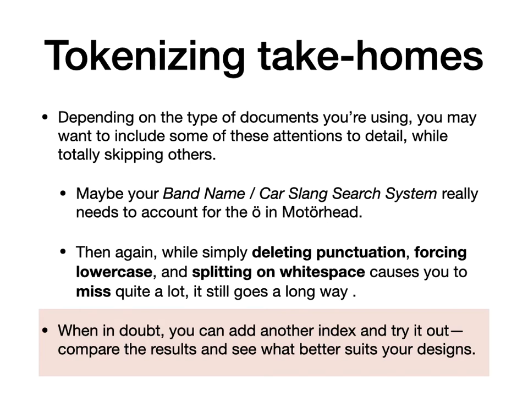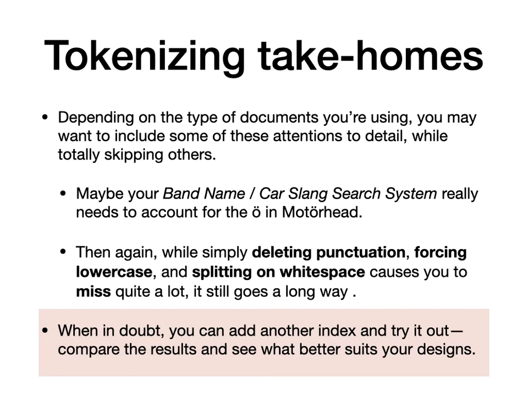So we'll leave tokenizing at that for now, but the big idea is that depending on what you're actually doing, what documents you're actually working with, you're going to want to include some different considerations from what we've talked about. So maybe if your band name or car slang search system really needs to keep track of umlauts for Motörhead, yeah, you'd probably need to distinguish Motörhead from Motorhead, right?